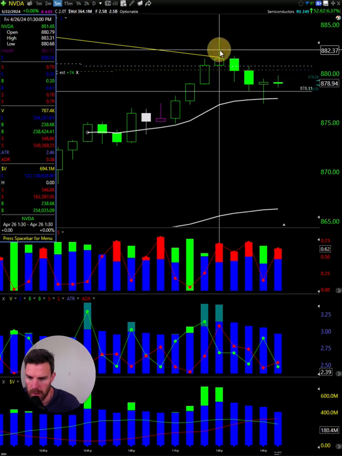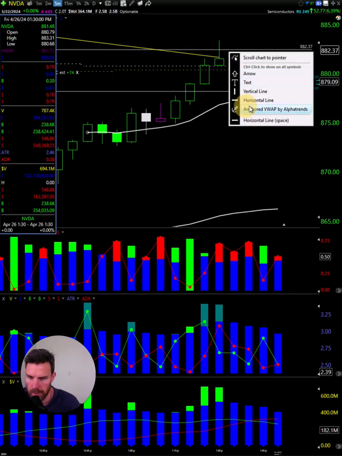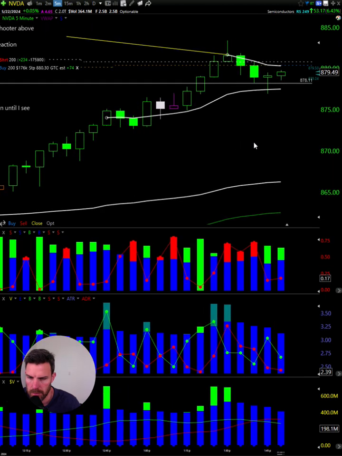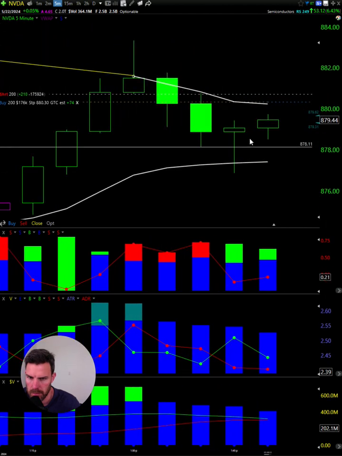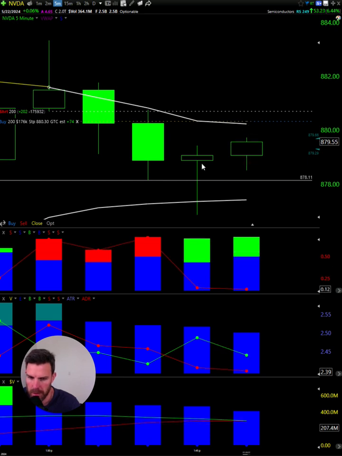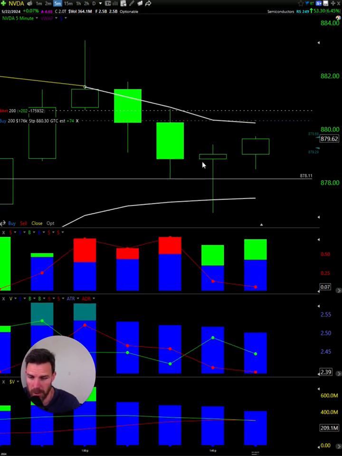You could take this here and do an Anchor View app. So my stop is just above. Definitely, there's no way I want to be in if it comes up through here, which is what it looks like it's going to be doing.